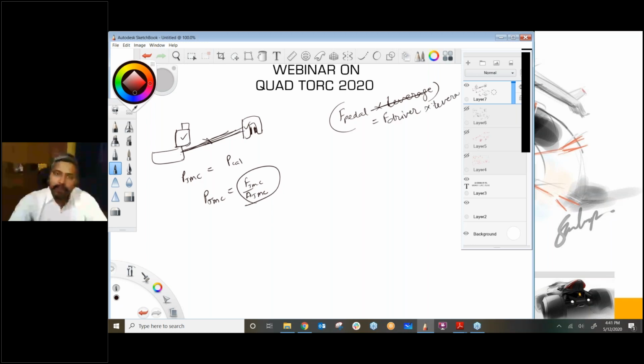Now since you know you have to stop the torque, basically the torque which is present on the tire or the drive shaft, if you produce equal and opposite torque, that will stop it. But just for a moment, so far we calculated the frictional force.